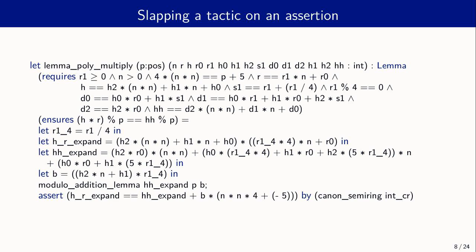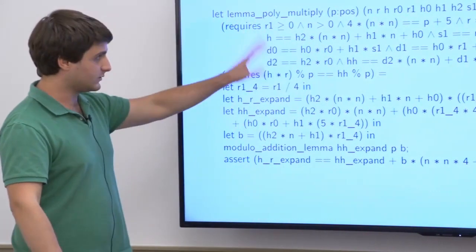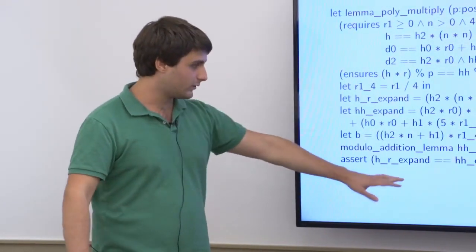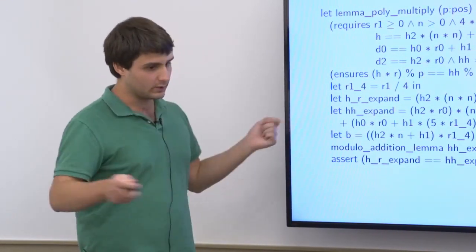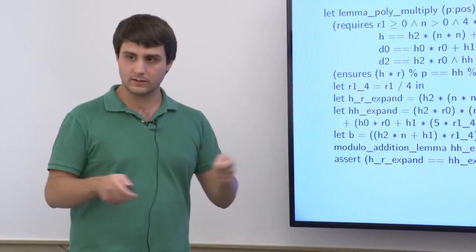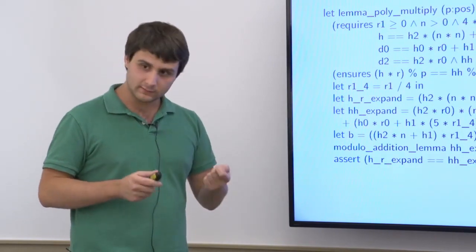We have a canonicalization tactic. I should stop saying canonization. Generic over all semi-rings. We call it here for the semi-ring of integers because we're dealing with integers. And before dispatching this thing to the SMT, we'll actually normalize them and get rid of all the need for nonlinear arithmetic, which is the thing that SMT solvers are bad at.